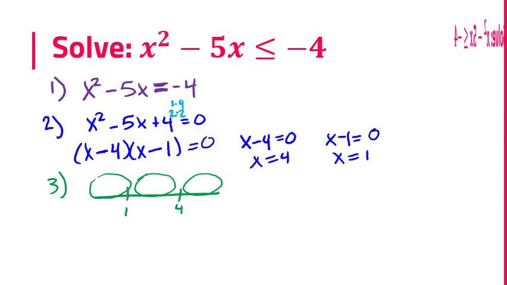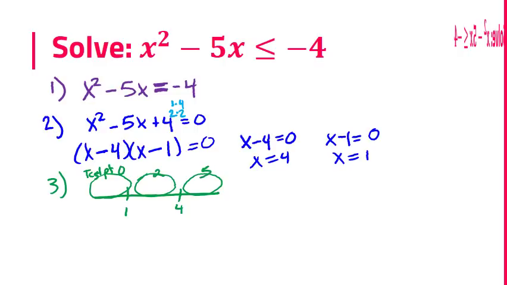So I need to pick a test point in each interval. Try to pick the easiest number. So for example, if I'm talking about numbers that are less than 1, I'm going to pick a test point of 0. Okay. Between 1 and 4, I'm just going to pick 2 as my test point. And after 4, greater than 4, I'm just going to pick the next number, 5. Okay.